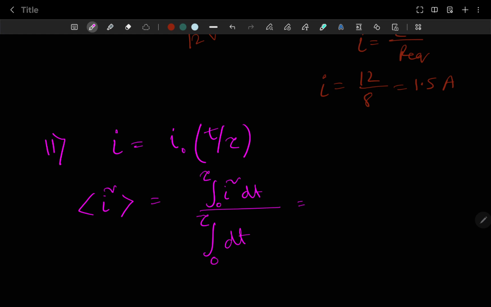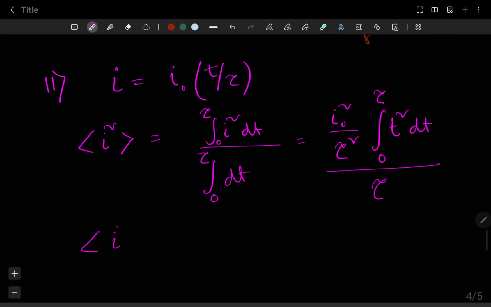So it will be I0 square by tau square, t squared dt from 0 to tau, and 0 to tau dt is tau. So mean square current is I0 square by tau cube, and this will be t cube by 3, that is tau cube by 3, minus 0.